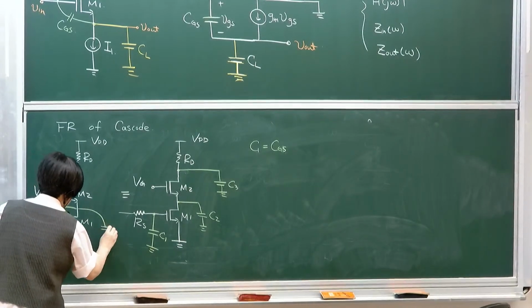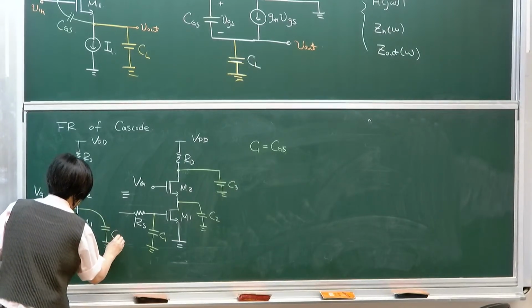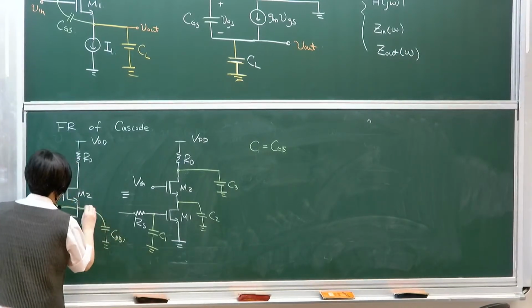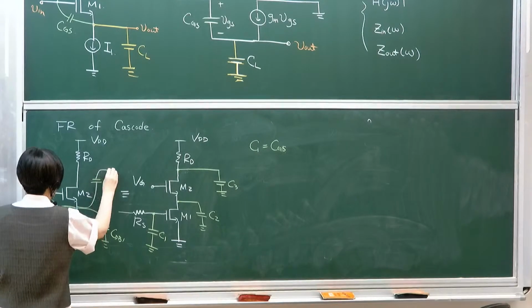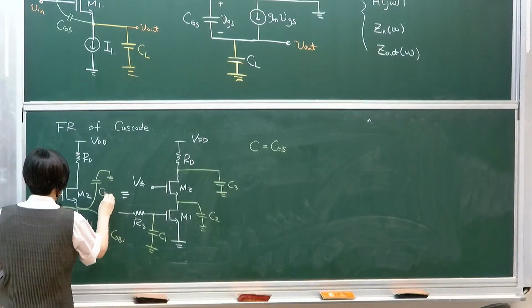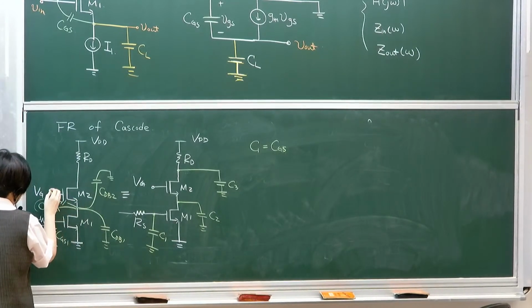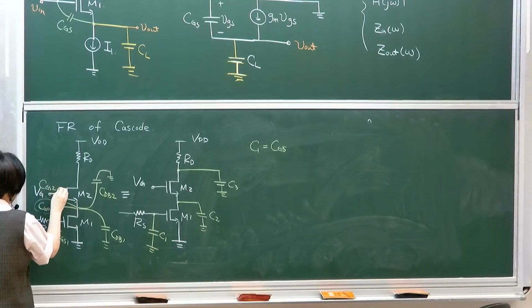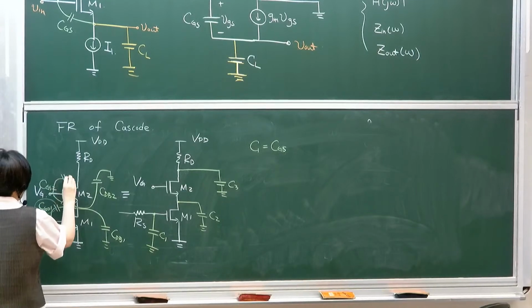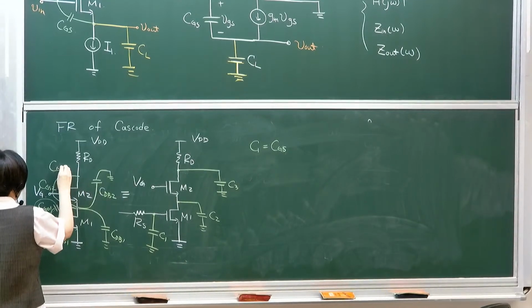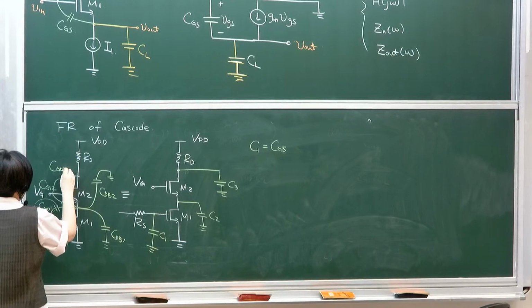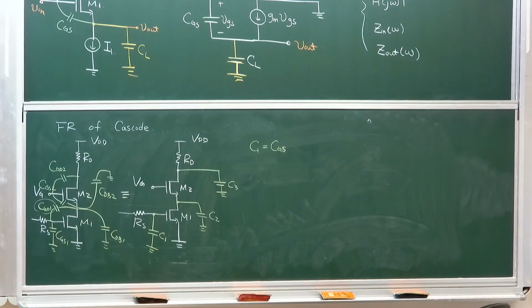And there's CDB1, CDB2, CGS2. Okay, so these are the parasitic capacitances we consider.